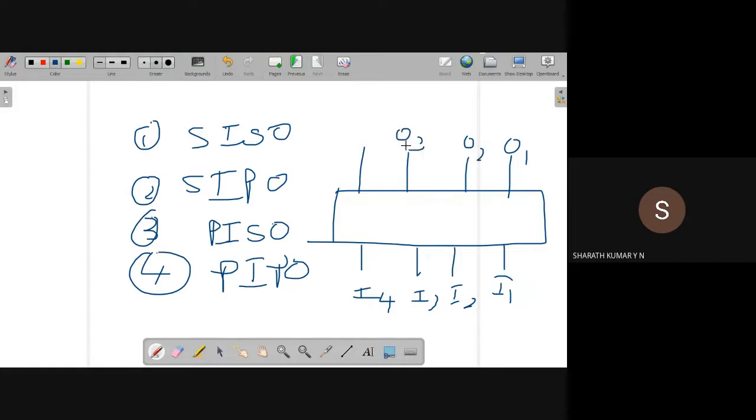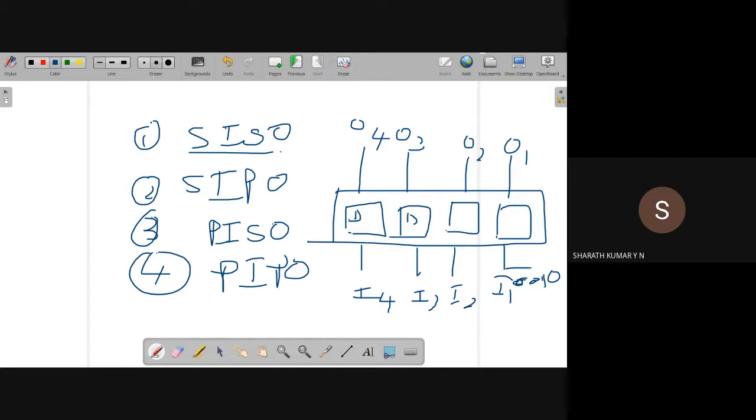Suppose we provide the data serially through one pin, let us say I1, 4 bits of data, say 0010. We are providing the data serially, and the data will be shifted from one flip flop to another. There are four flip flops, preferably D flip flops, as D is usually preferred.